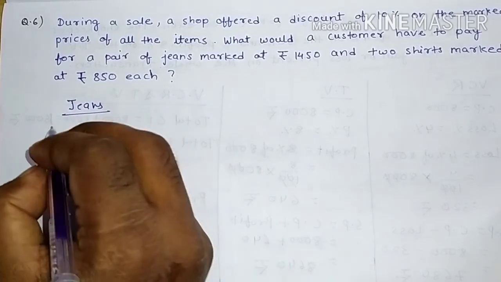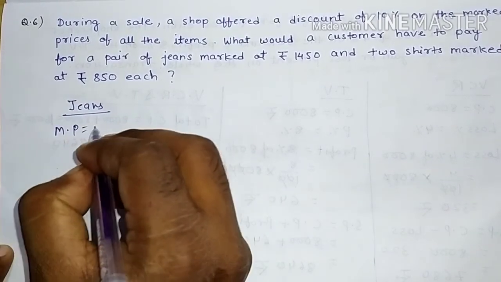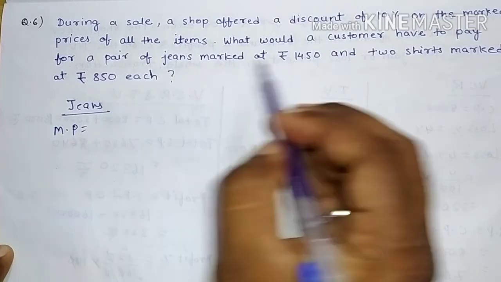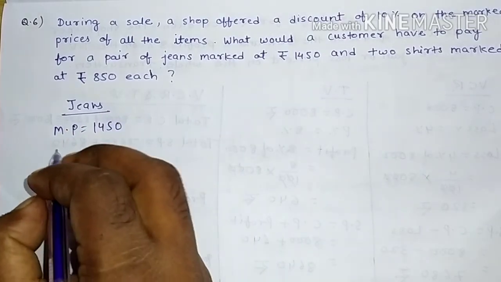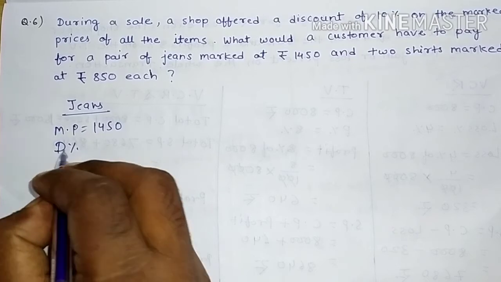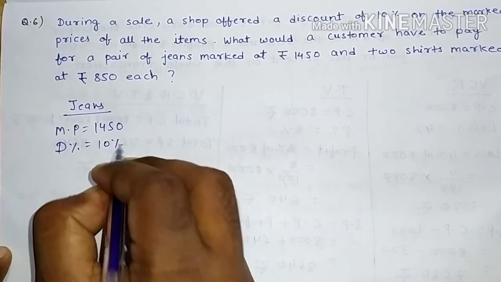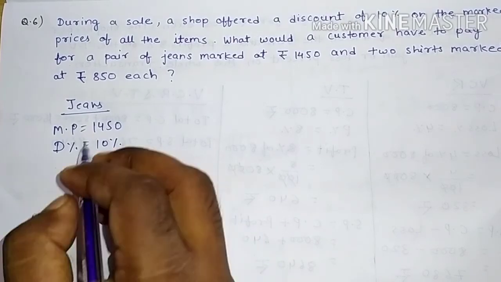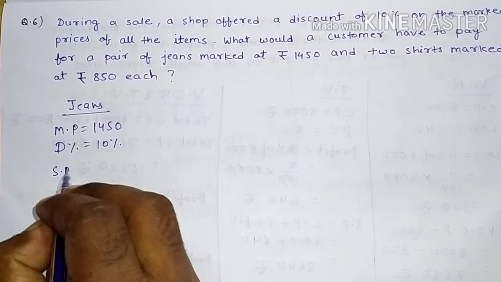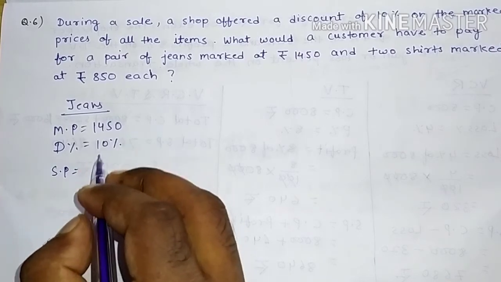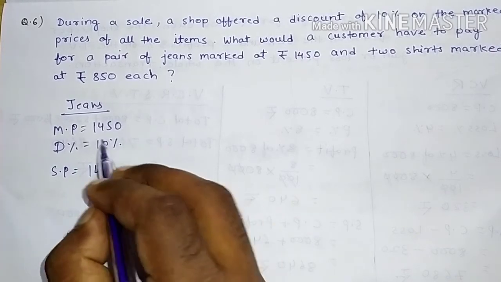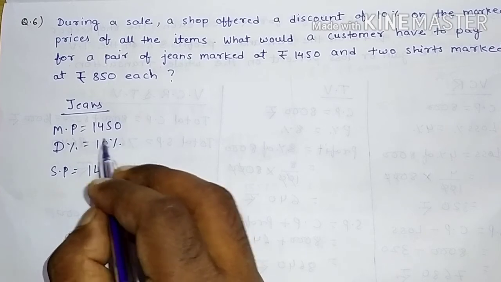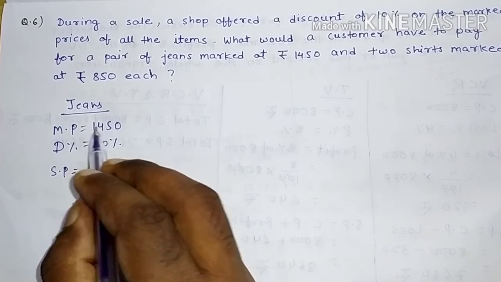So the mark price of jeans is given here, that is 1450, and the discount percent is also given here, 10%. So the selling price equals the mark price, that is 1450, minus the discount. What is the discount here? 10% of 1450.